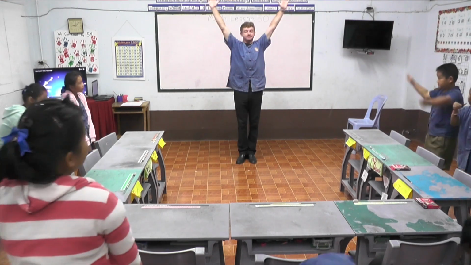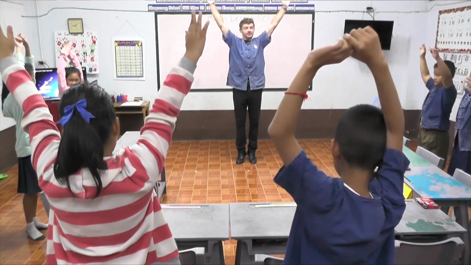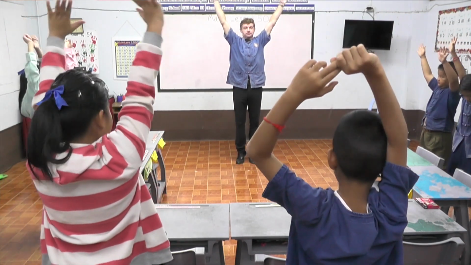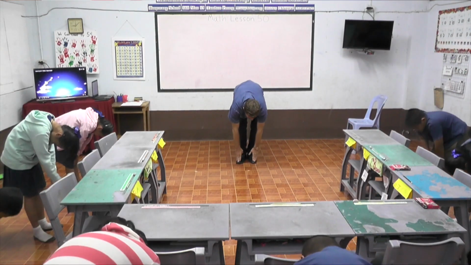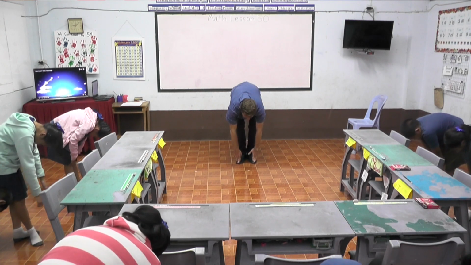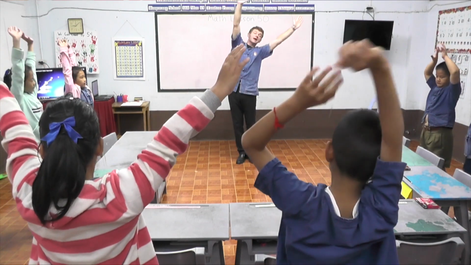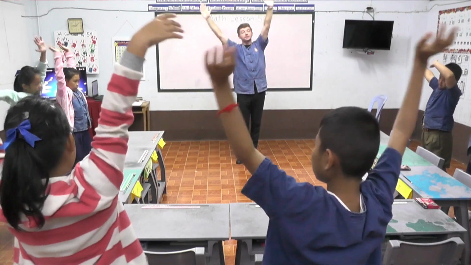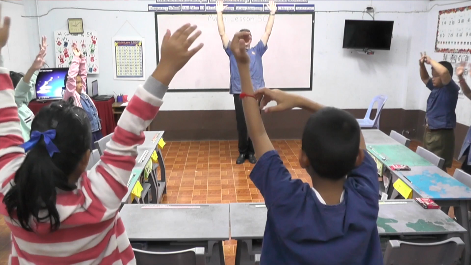Back up high, and this time can we go tippy toe high, high on our tippy toes, and then back down, touch our toes, back up, and this time let's gently go side to side just to give our spine a stretch, and then forwards and backwards.